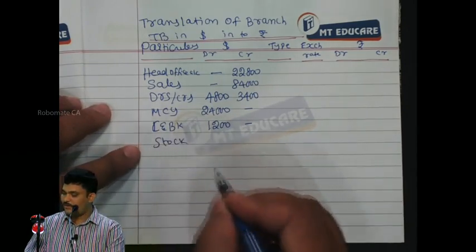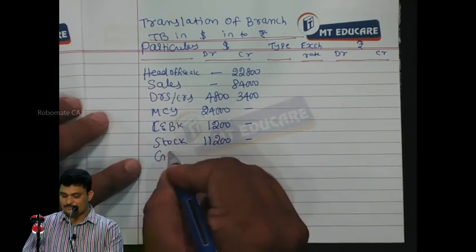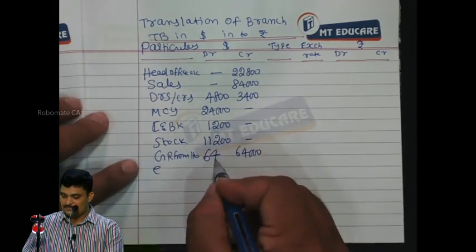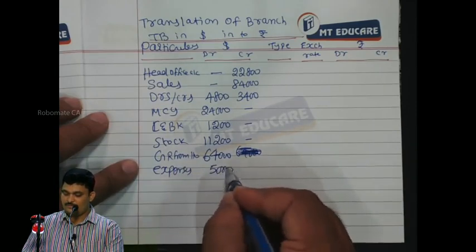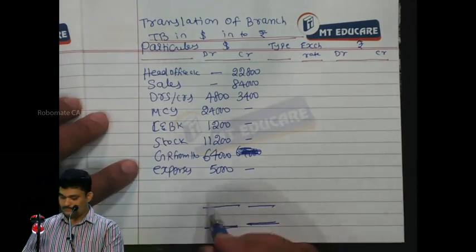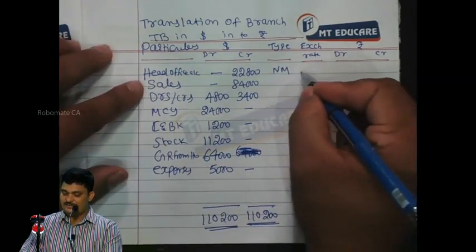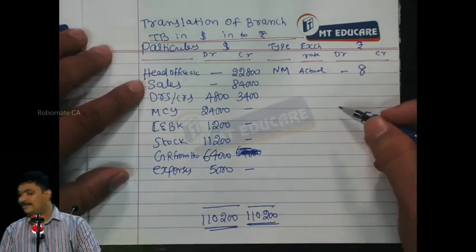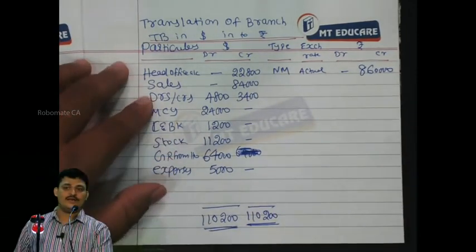Stock. How much? 11,000. Then goods from head office, total, non-monetary actual from head office 8 lakh 60,000 closing balance.